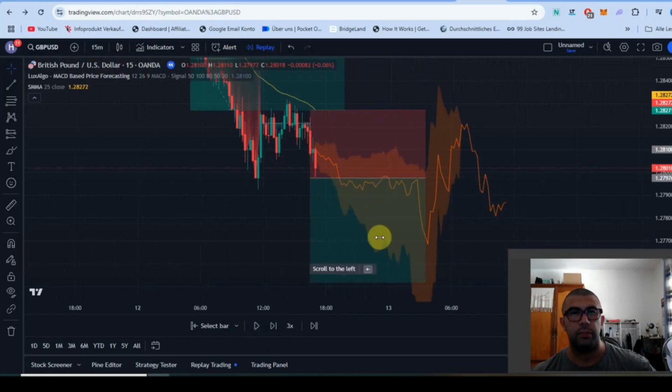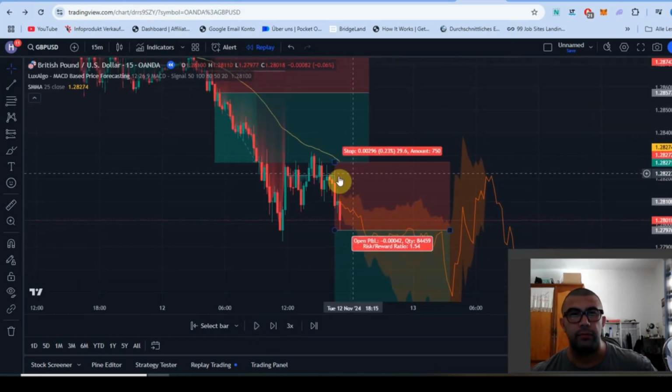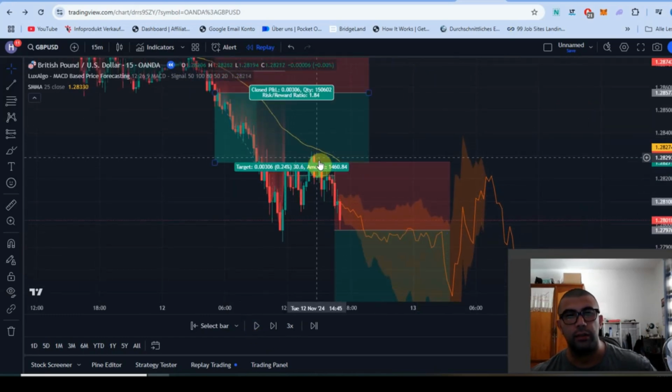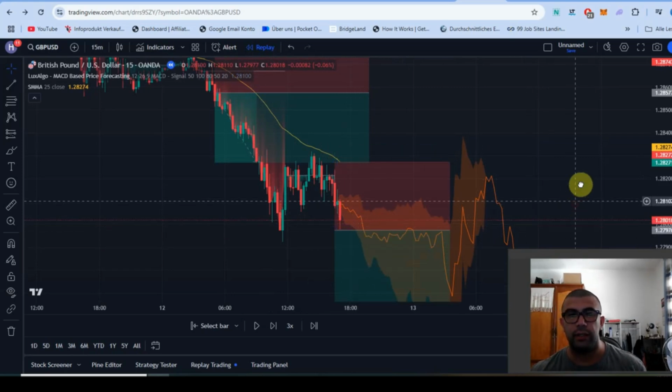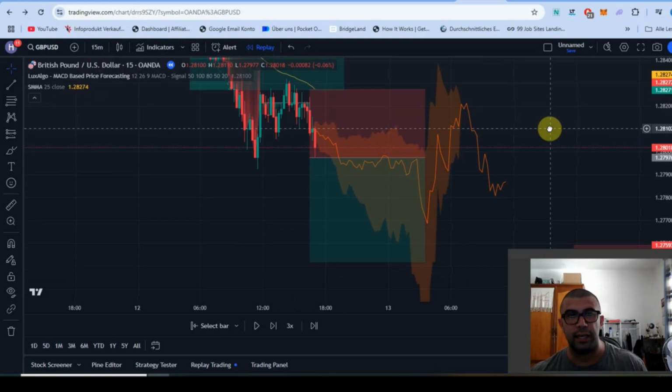Okay, as you can see, we are currently below the 25 SMA, and that's an indication we are still in a downtrend, and the forecast is telling us we're going one stage downstairs.